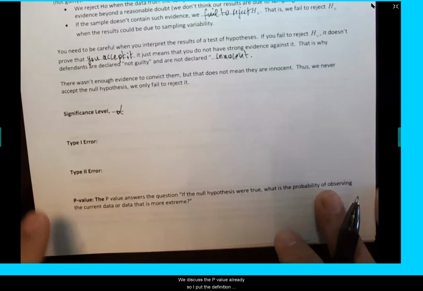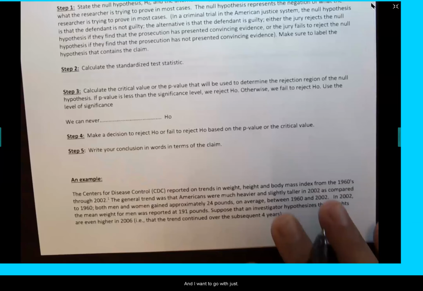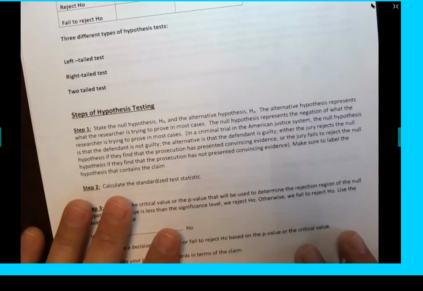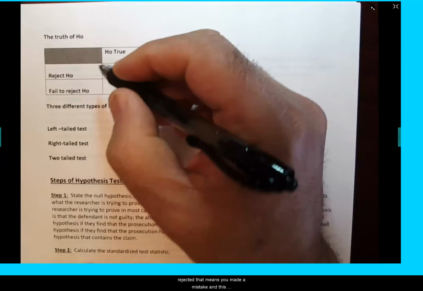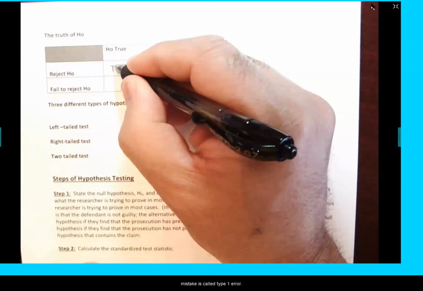We discussed the p-value already, so I put a definition again for the p-value. And I want to go just through this quickly with you. The truth of H0. If H0 is true, guys, and you reject it, that means you made a mistake. And this mistake is called type 1 error.